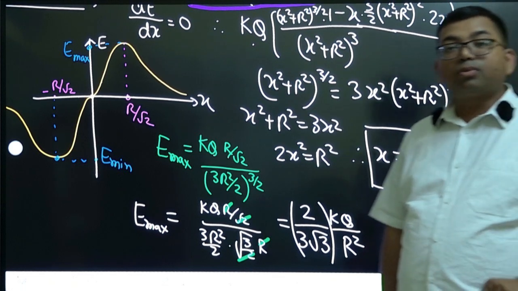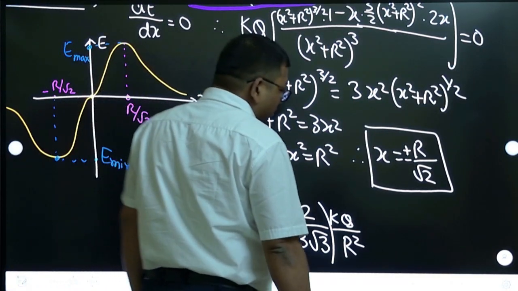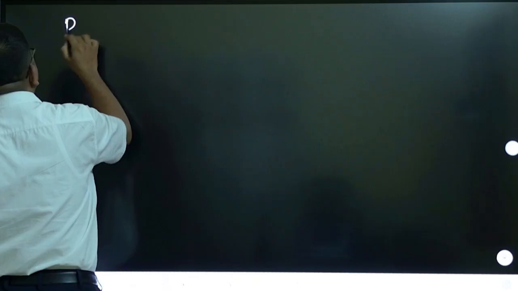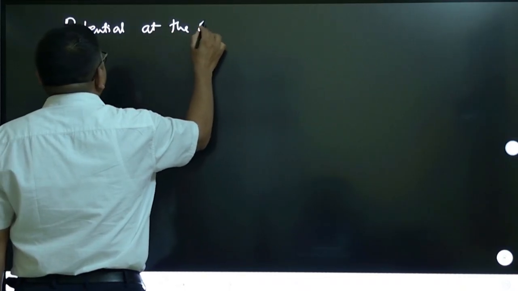Now let us calculate potential. Potential due to that same ring. Let's finish this ring one. So how do you calculate potential at the axial point?